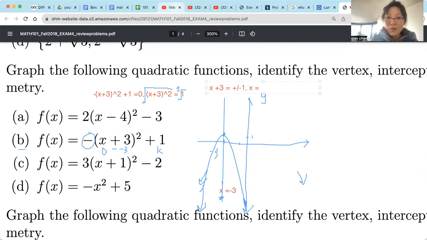And x equals negative 3 plus 1, that's negative 2. Negative 3 minus 1, that's negative 4. So I have two x-intercepts, (negative 2, 0) and (negative 4, 0). So this is (negative 2, 0), and this is (negative 4, 0). So that's our graph for B. Now let's see C.